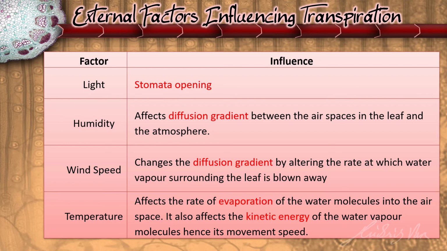Because it's heat energy, it will cause the water vapor molecules to have higher kinetic energy, so they will be moving faster, and therefore the rate of them diffusing out from the stomata will also be higher. And this will be all for the factors which affect the rate of transpiration. You just have to know 4 of them by heart. And if you understand, it is actually not very difficult.